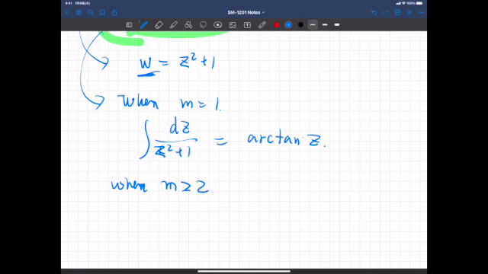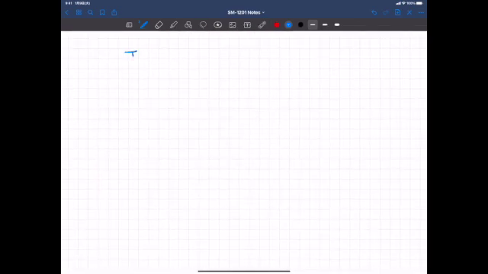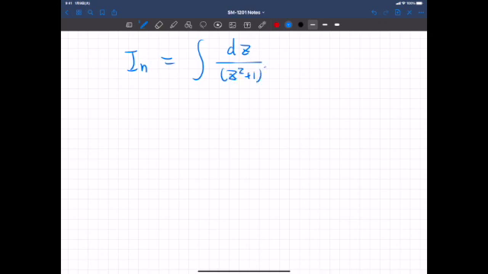But if you remember a previous example, remember this example? So this was solved by a recurrence equation. And that recurrence equation was this.